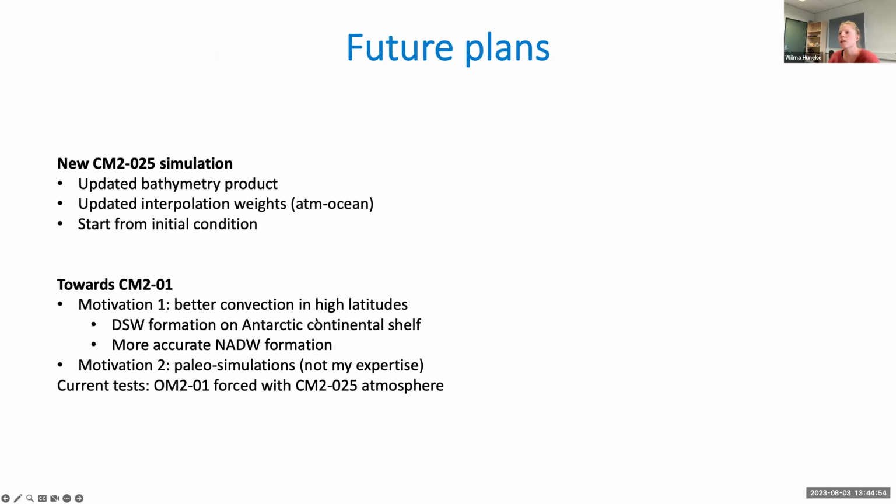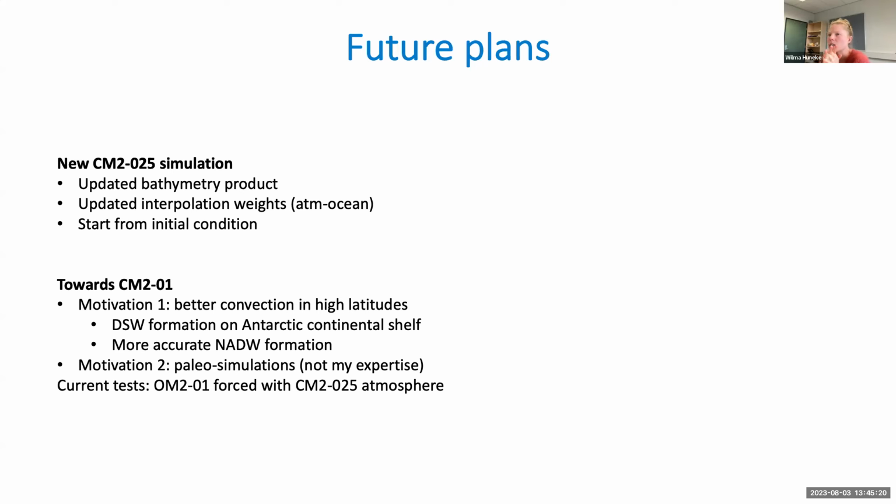Okay, so just a few points for my future plans with the coupled model. We want to fix a few things with a quarter-degree version. There's an updated bathymetry product. There were some issues around Antarctica and the Southern Hemisphere.